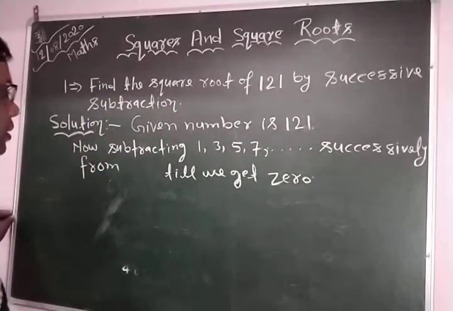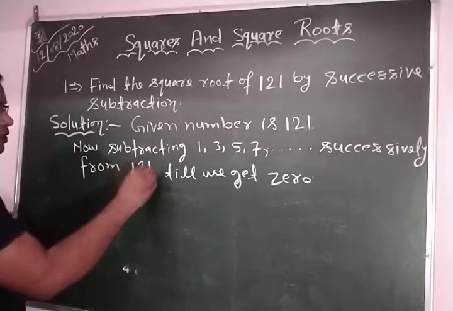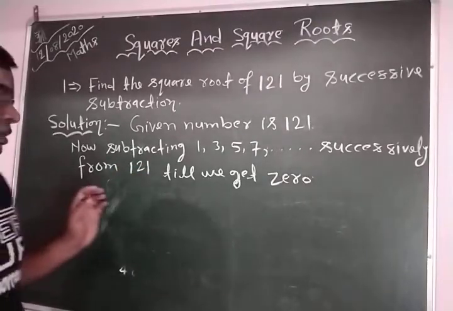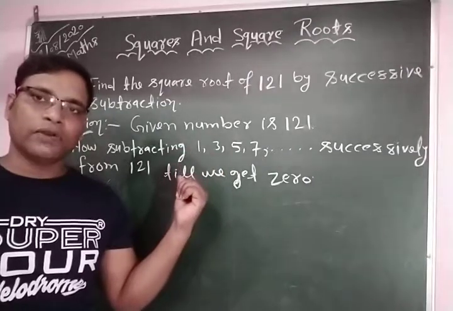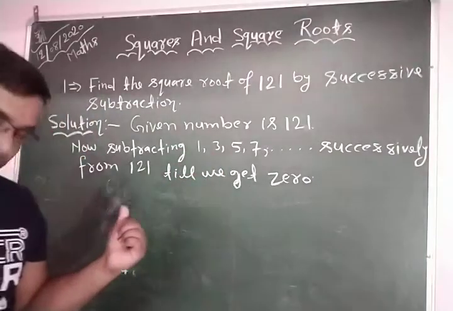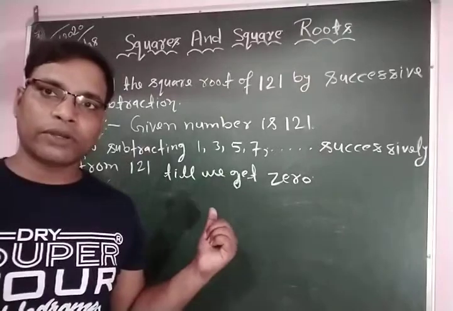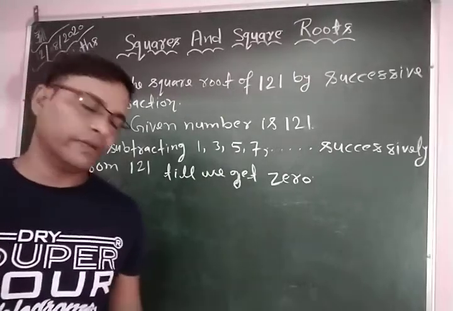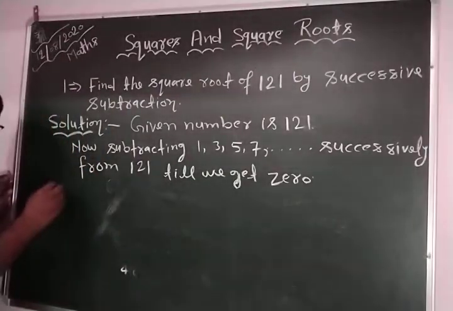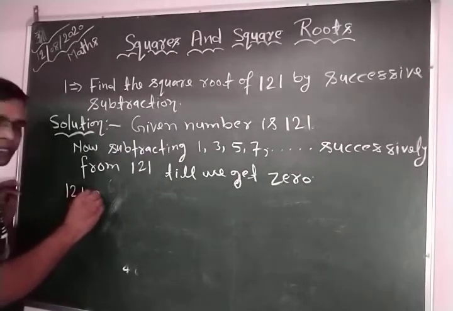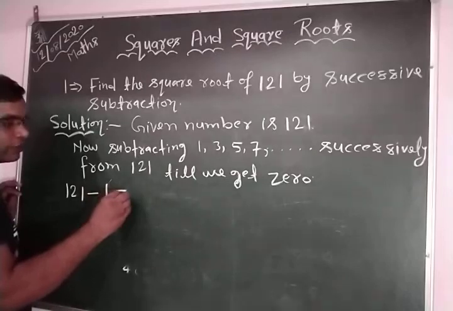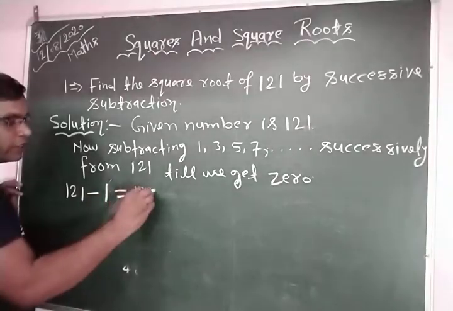So here you write 121. We subtract the odd numbers, starting from 1, and try to find the square root of 121. Let's start. 121 minus the first odd number, 1, is equal to 120.